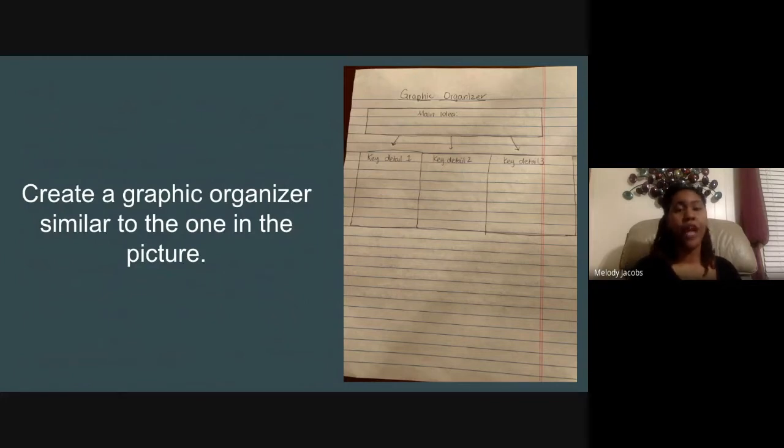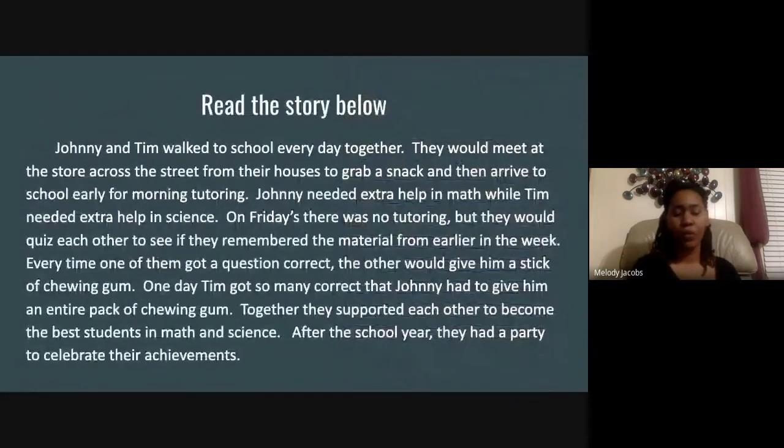Okay, so I wrote a quick story that we will be using to fill in the graphic organizer.